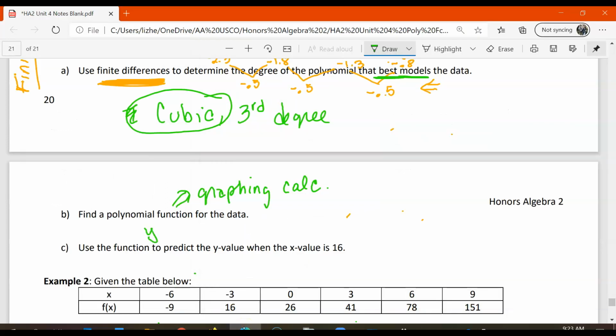So I say Y equals, and I'm going to round everything to the hundredths, 0.01x cubed minus 0.48x squared plus 7.1x minus 23.5. And then now question C, use the function to predict the y value when the x value is 16. So the question is, if x is 16, what is the function?